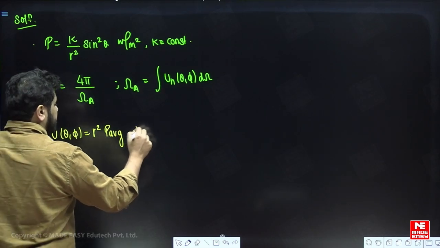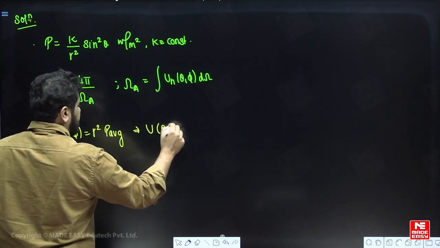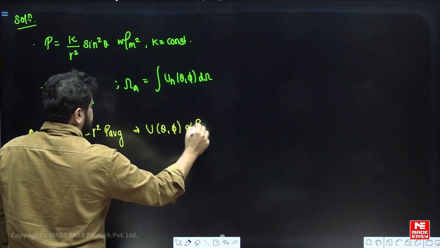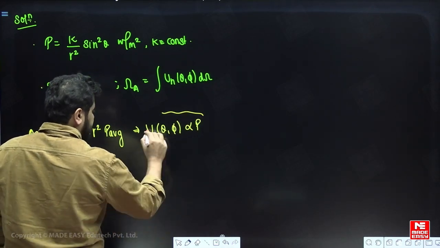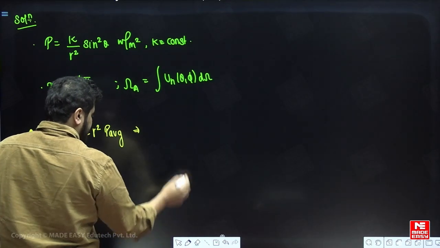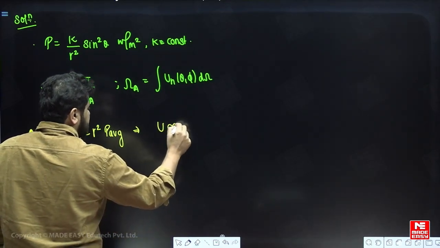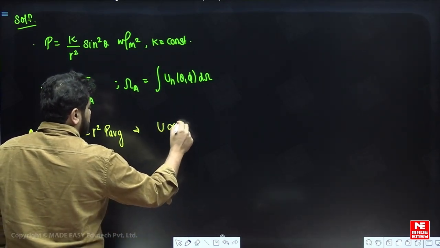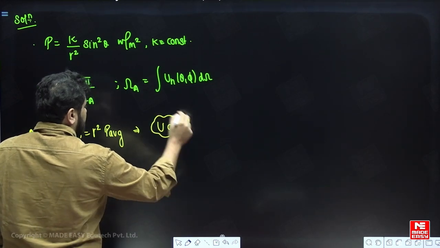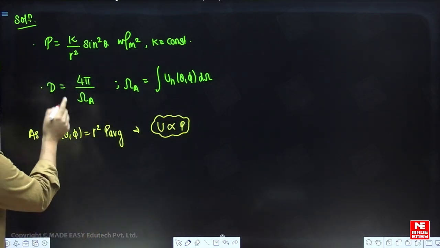It means that radiation intensity is directly proportional to the power, right? You can directly write it like this also. So, power is given.